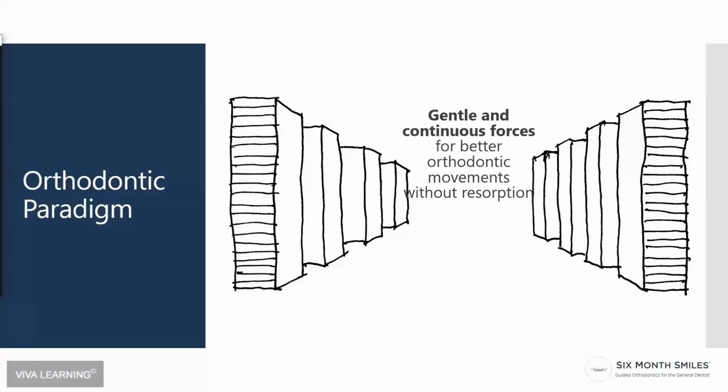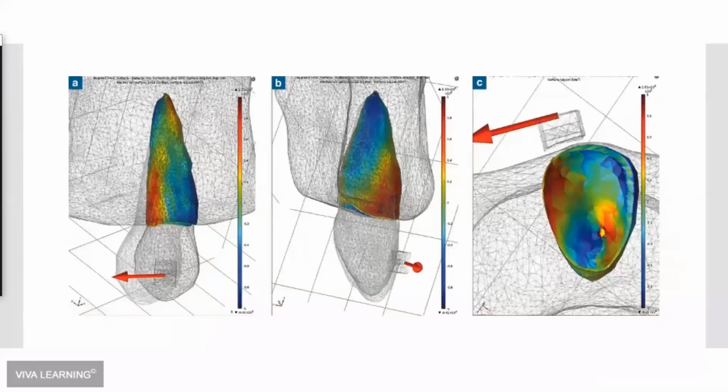We aim for a controlled movement, predictable movement, without being too aggressive, and that is one of the beauties that we can achieve and we can provide with clear aligners. Forces that are controlled, directed, and decided by us and the digital planning without creating a resorption or any iatrogenic results. So that is the important element.